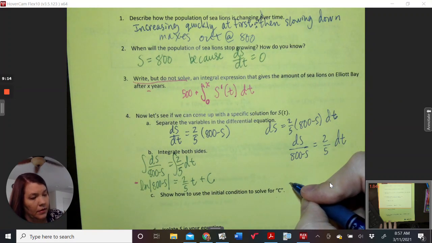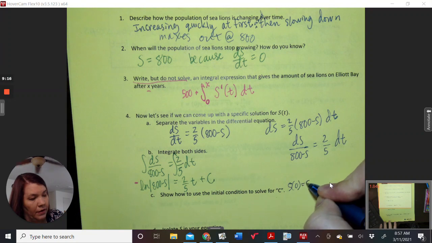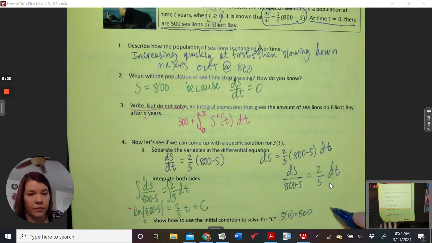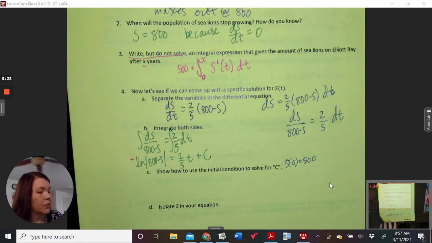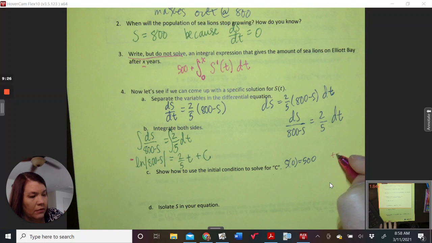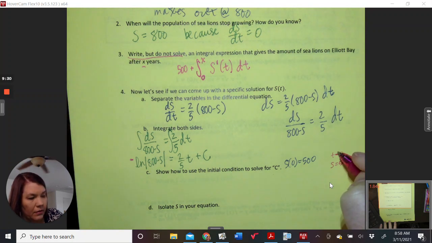That's what that means. So we're going to plug in t equals 0, s equals 500. Use the initial condition to solve for c.